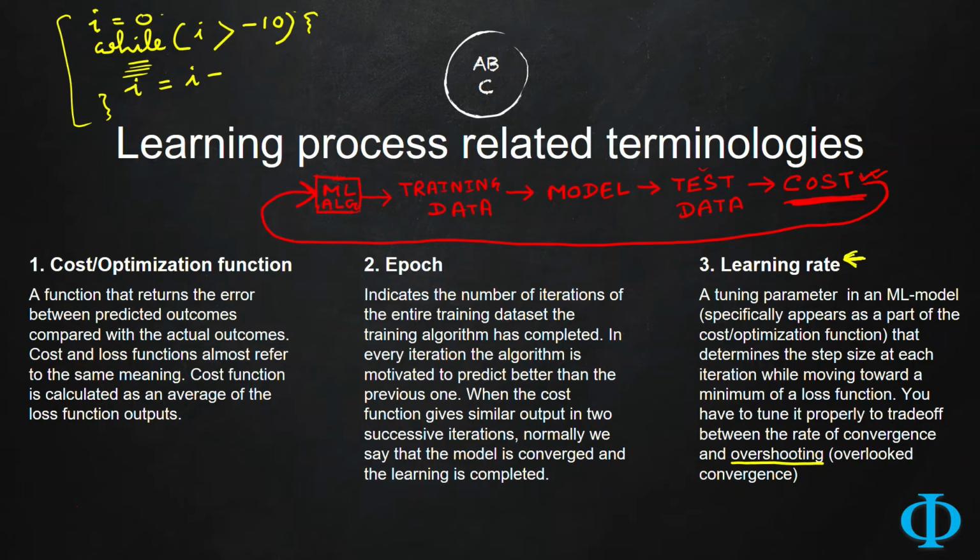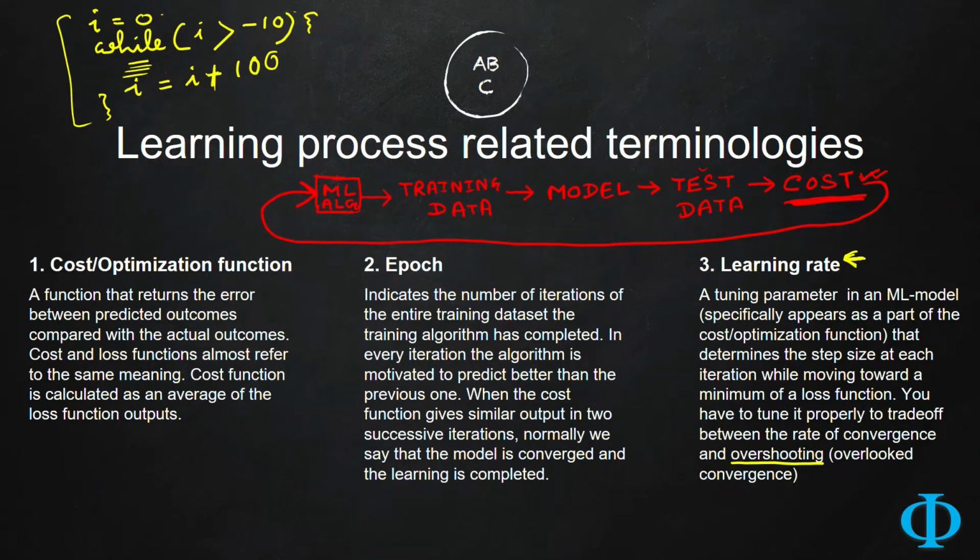Instead of doing I equals I minus 0.00001, I am just adding a very large value, that is plus 10, or let's say plus 100 or something like that.